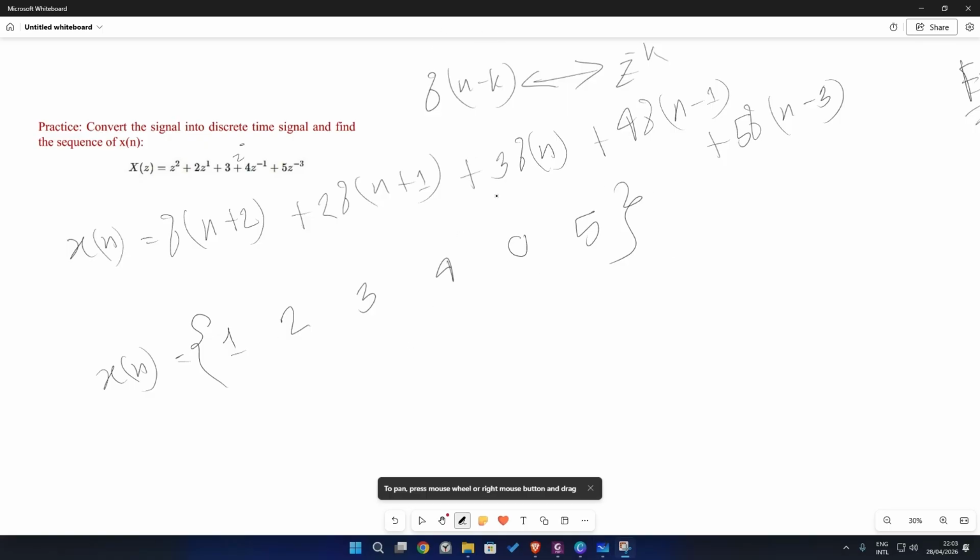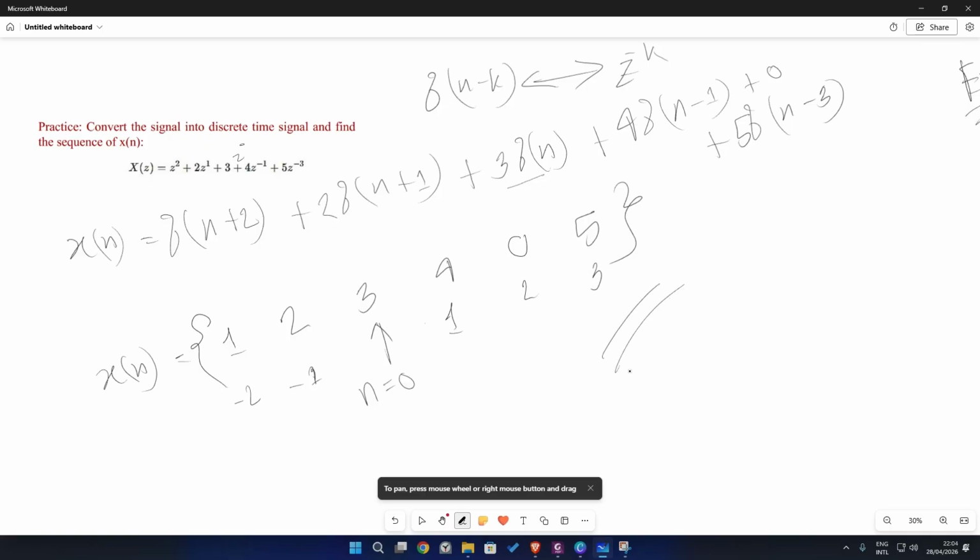So how do we write it? It is 1 because this is z squared. For this delta[n] we are pointing 3 equal to n equal to 0. This will be minus 1, minus 2. Here n minus 1, so it will be n equal to 1. Then we are not seeing any n minus 2, so that's why we are taking 0 at n equal to 2, and then it will be n equal to 3 at last.